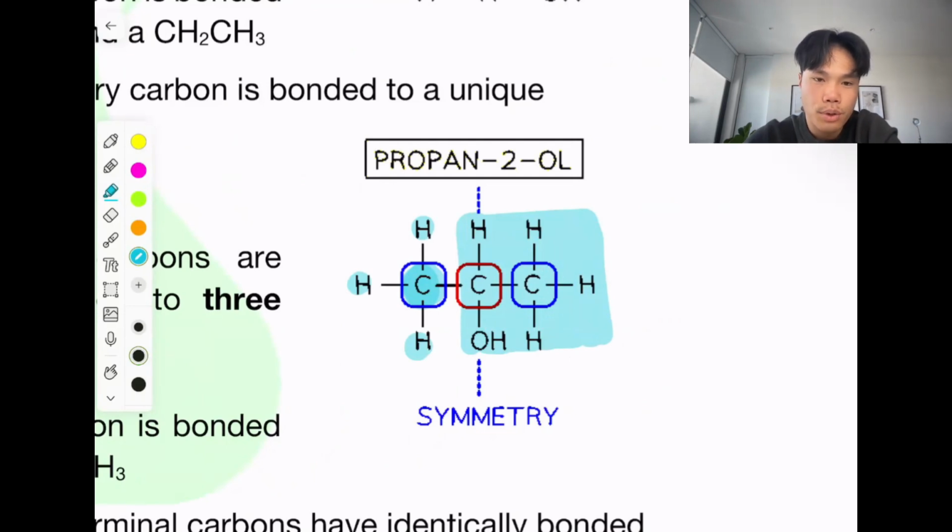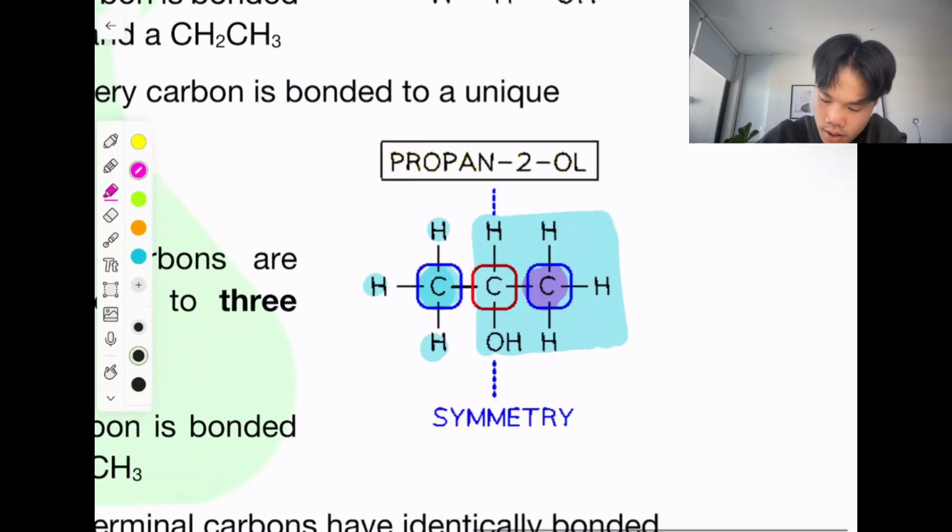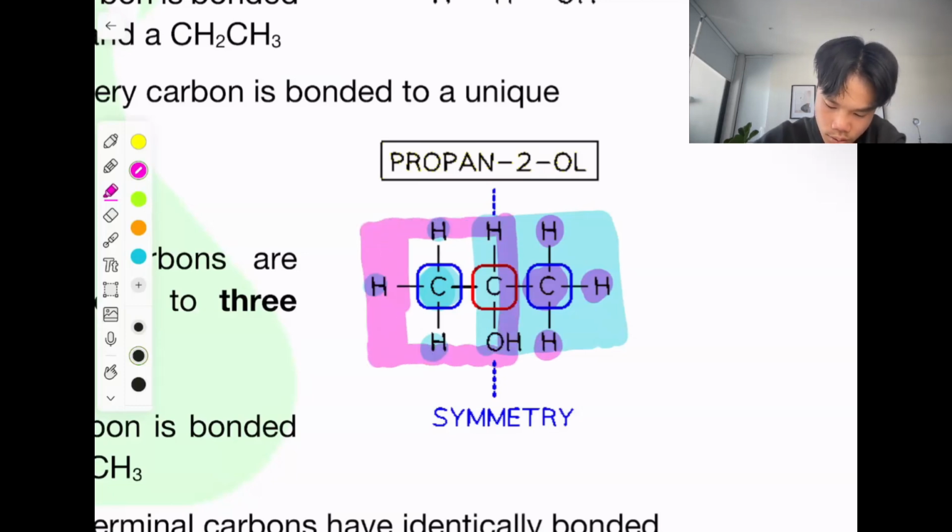If something is to be an identical carbon environment to that blue carbon, it has to have exactly 3 hydrogens and a CHOH CH3 bonded to it. And that's what you would see on this far right carbon. It has 3 hydrogens, 1, 2, 3, and exactly a CHOH CH3 bonded to it. So it's not just about what's adjacent, it's about the arrangement of everything that's adjacent.